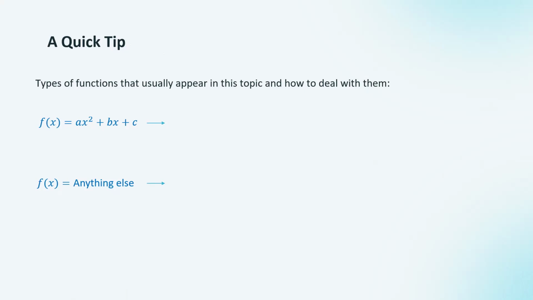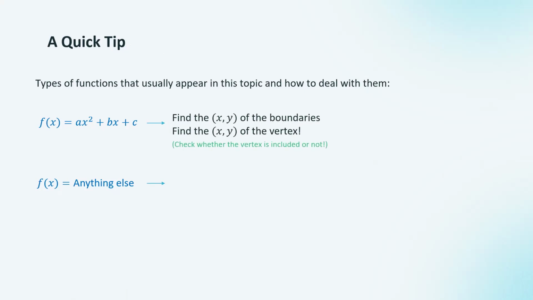For the first one, the quadratic, we can find the x and y of the boundaries, and we can also find the coordinates of the vertex. We also need to make sure whether the vertex is included or not. And then for the second category of function, we just need to find the x and y of the boundaries. So it's going to be very simple if it's not a quadratic function.